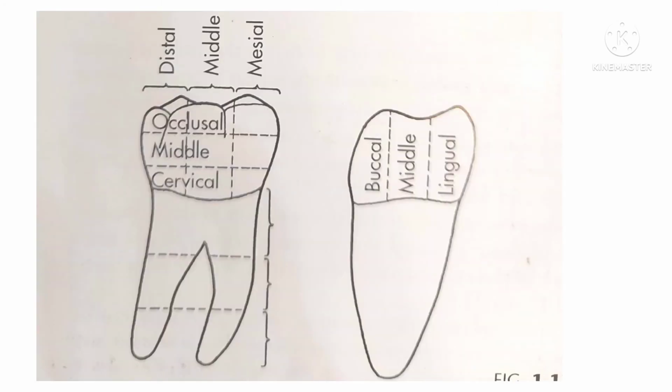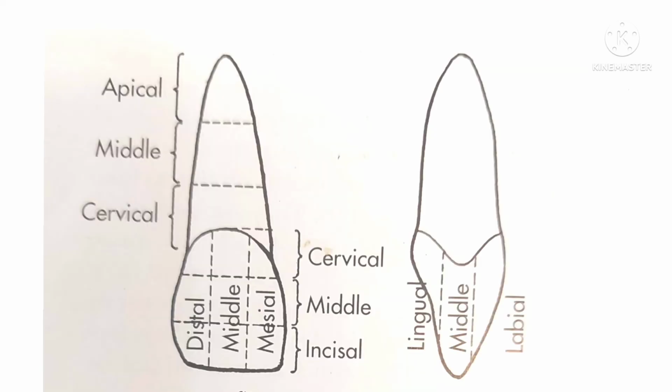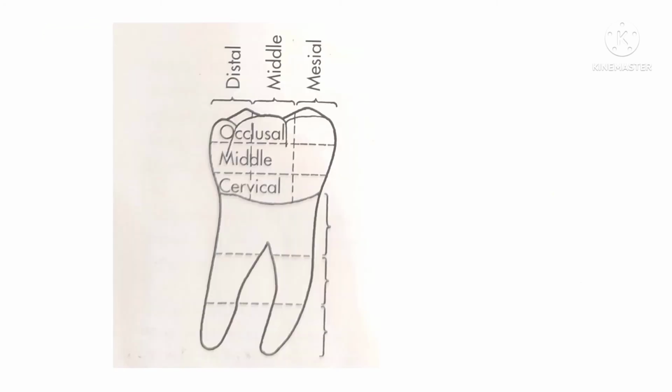The crown may be divided into thirds in three directions. The first direction is inciso or occluso-cervically, the second is mesio-distally, and the third is labio or bucco-lingually. So inciso or occluso-cervically, as we said before, it is divided into incisal or occlusal third, middle third, and cervical third.